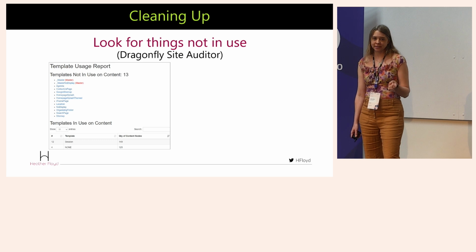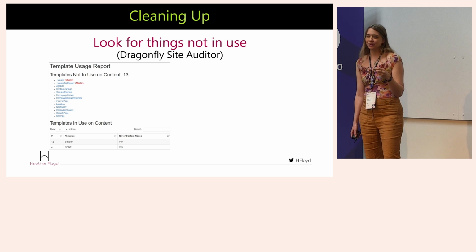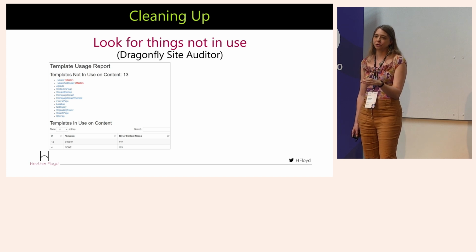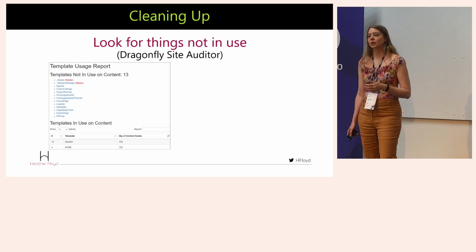A lot of sites have too many templates because they did homepage version 3, homepage version 5, homepage version 10, and so they've got these extra files floating around. And so you can get a report of exactly how many content nodes are being used by a template, and which ones actually aren't being used. And those are sometimes an easy thing to quickly clean up.